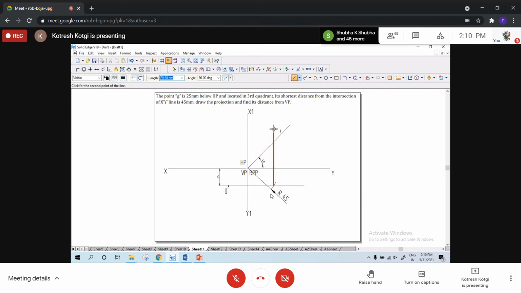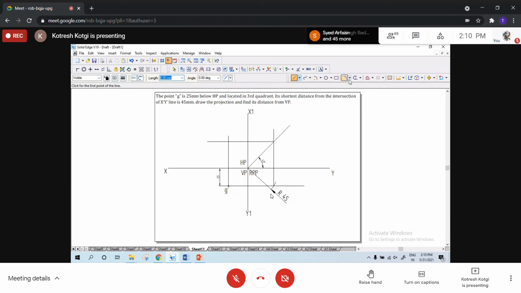Now from this intersection point, draw the horizontal line. And from the front view, draw the vertical projection.